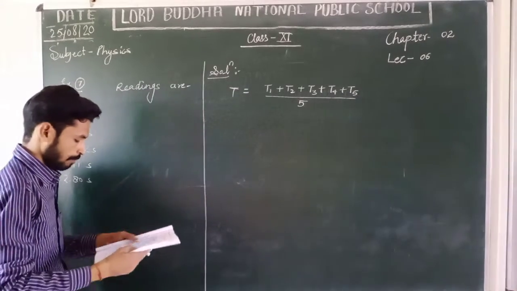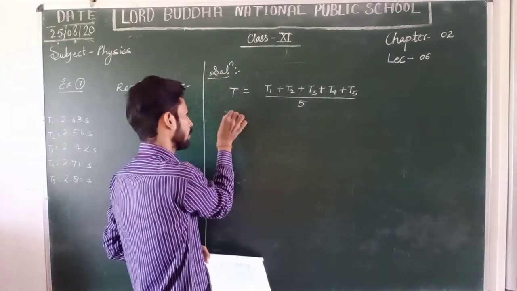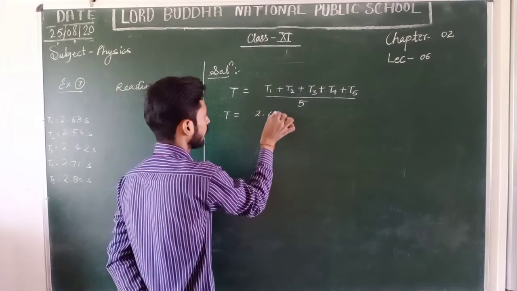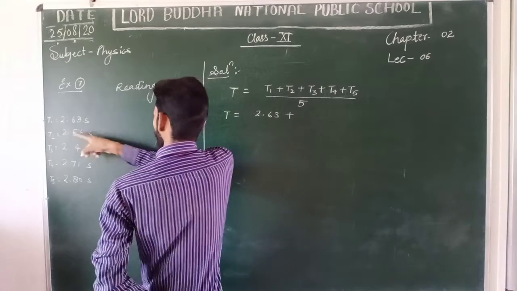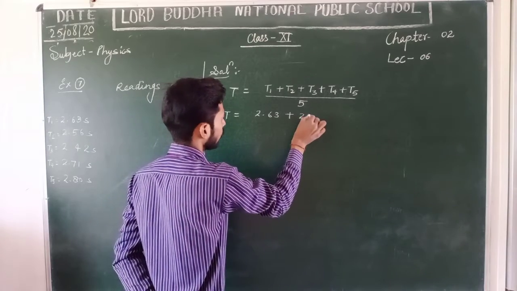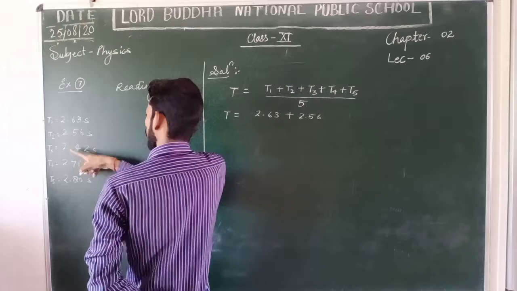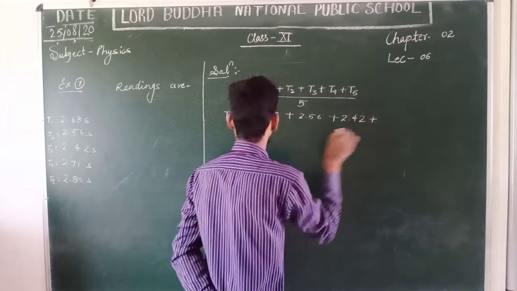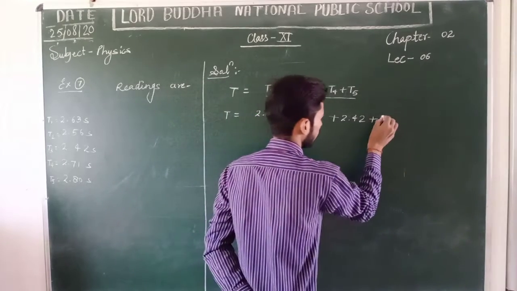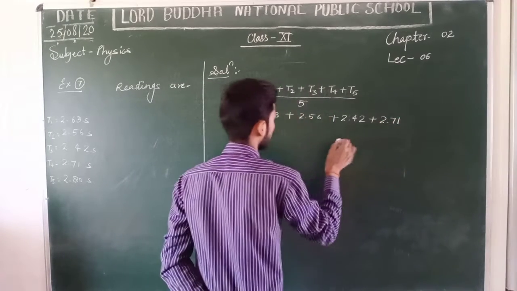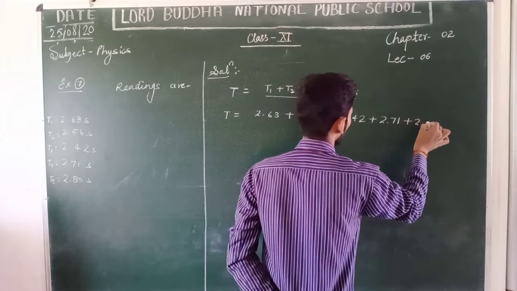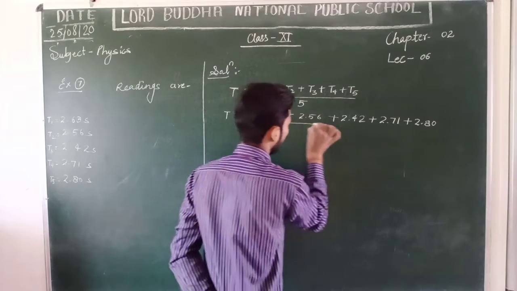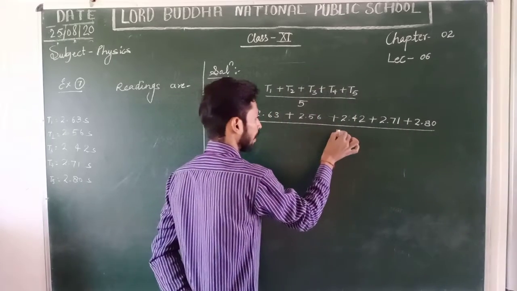So put all the values: T equals T1 is 2.63 plus T2 is 2.56 plus 2.42 plus 2.71 and the last one is 2.80, divided by 5.